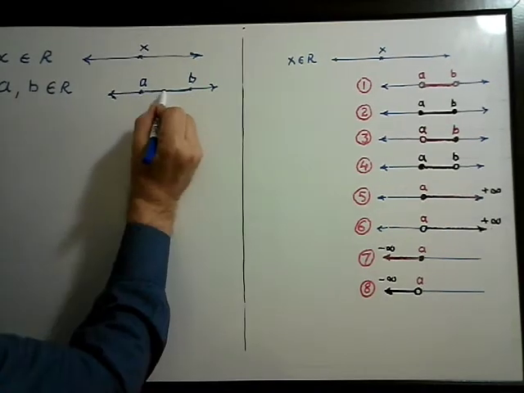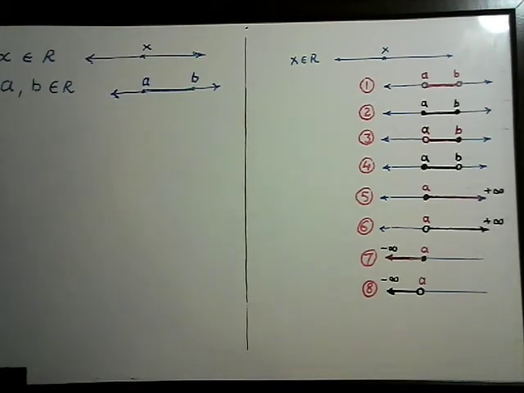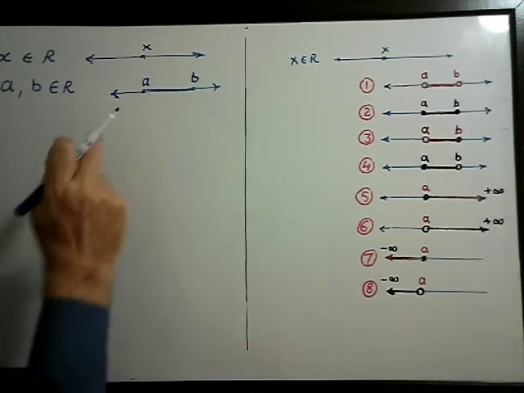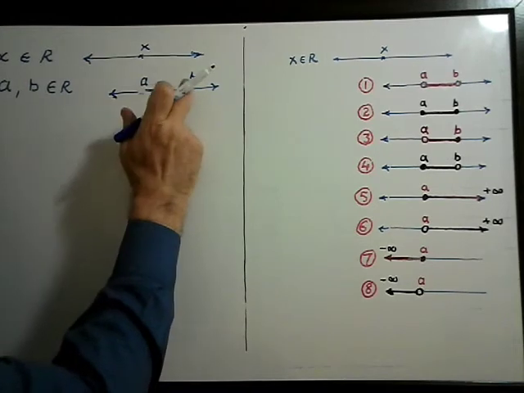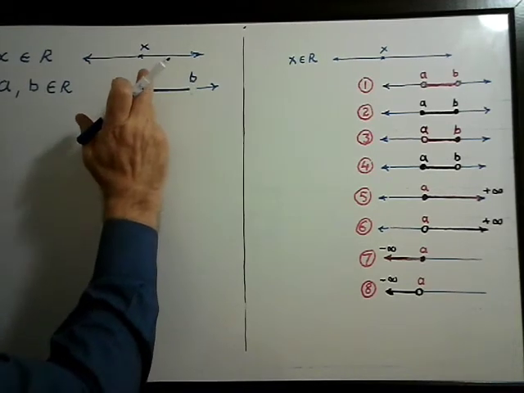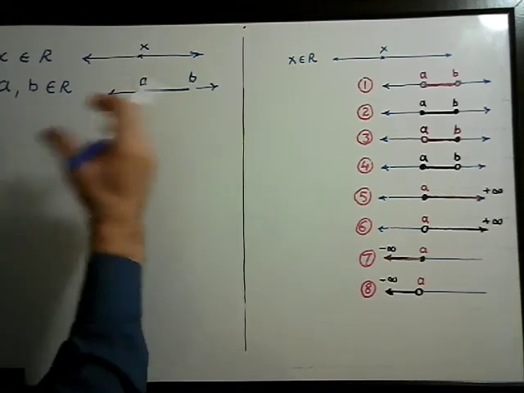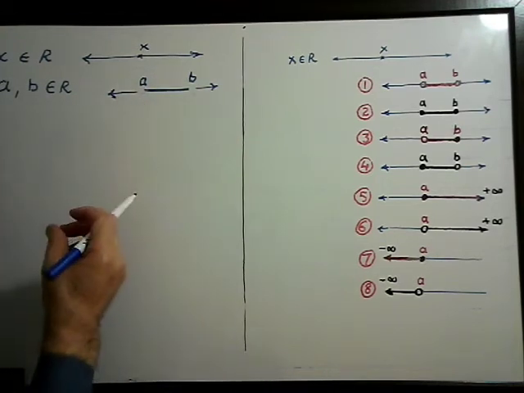So a and b, this interval can be considered not to include a or b, just all the numbers between a and b.